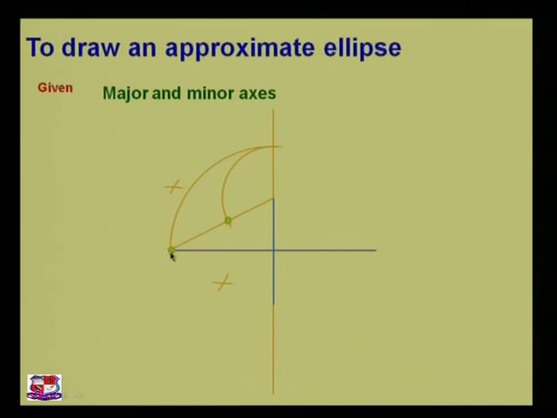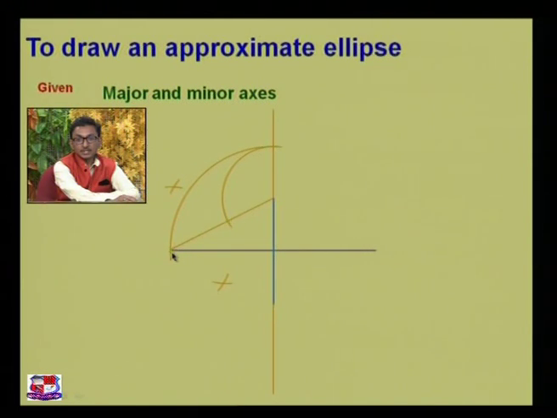I am repeating how to bisect a line. Take this point as a center point and this much as radius. This point as center point, this much as radius. Mark arcs on both sides. Similarly, take this point as center, radius equal to the length of this line.